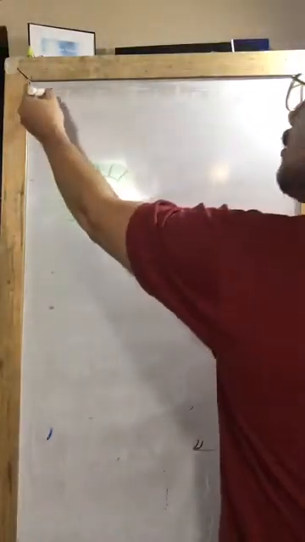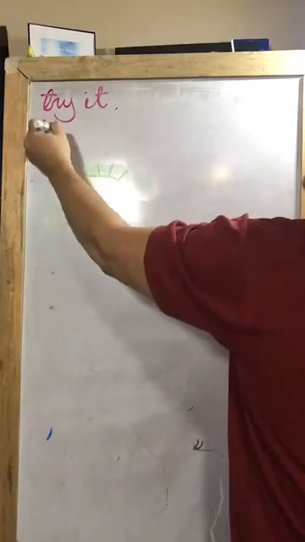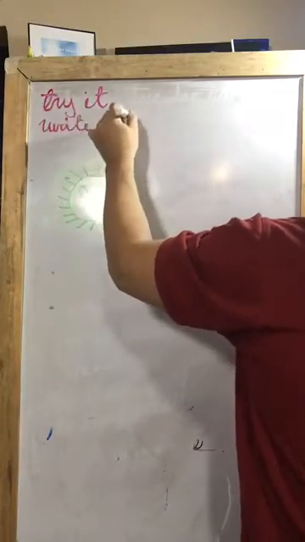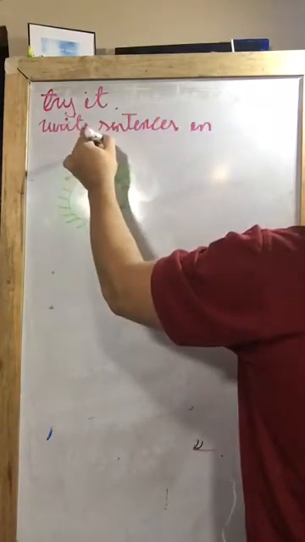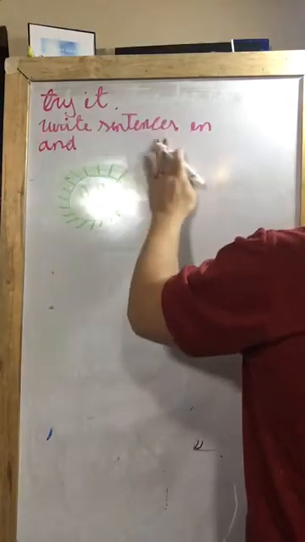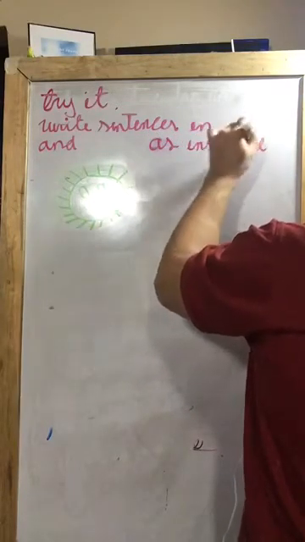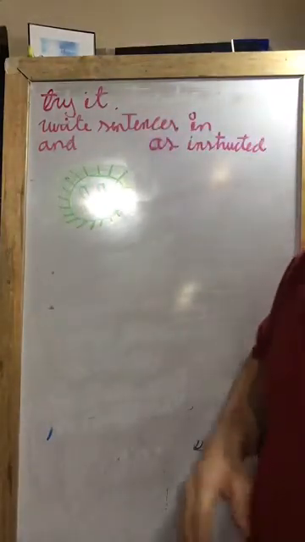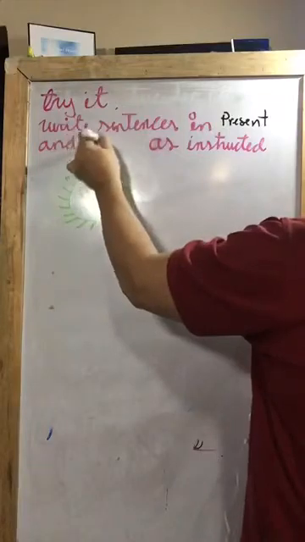So we are going to do a "Try it," and we are going to write sentences as instructed. So in what tenses are we going to make sentences? Very easy. We are going to write sentences in present and in past.